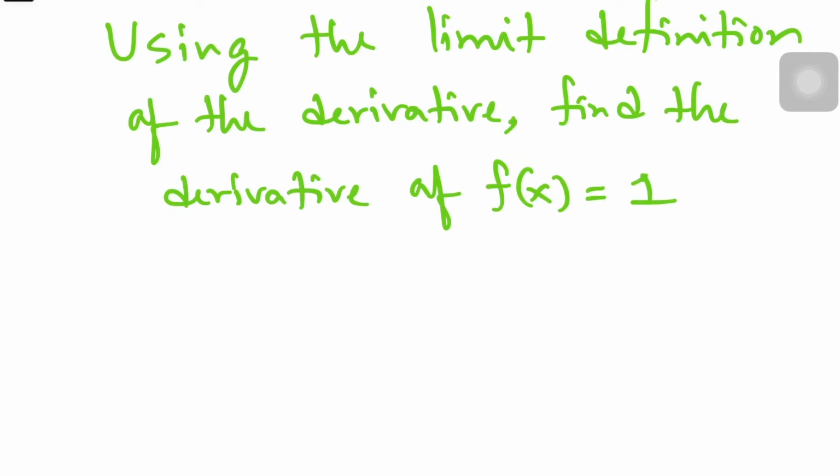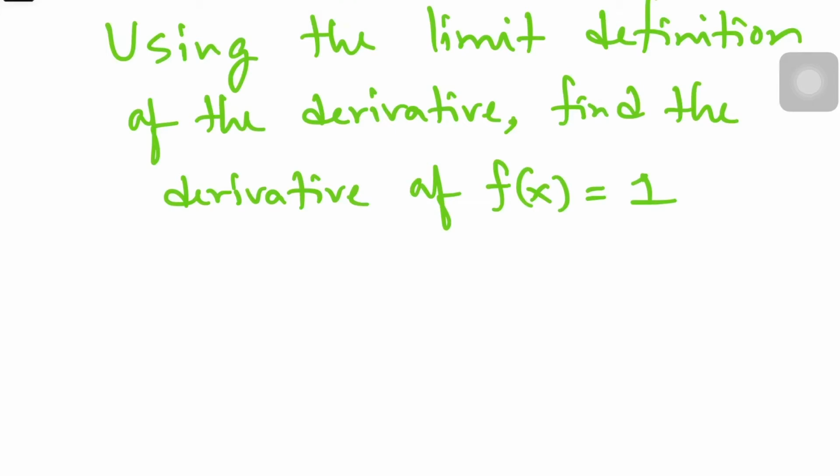So today we're going to talk about the limit definition of the derivative. Using the limit definition of the derivative, find the derivative of f of x equals 1. So the first thing that you want to do is write down the limit definition of the derivative.